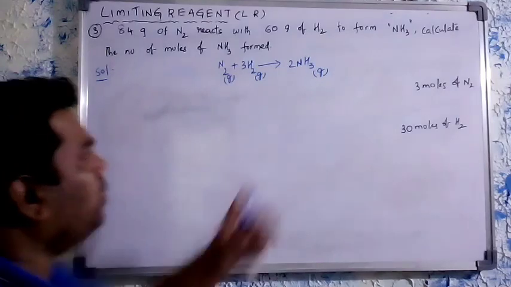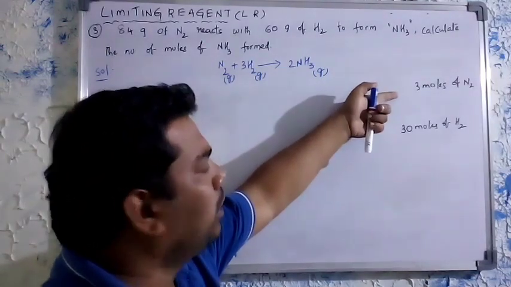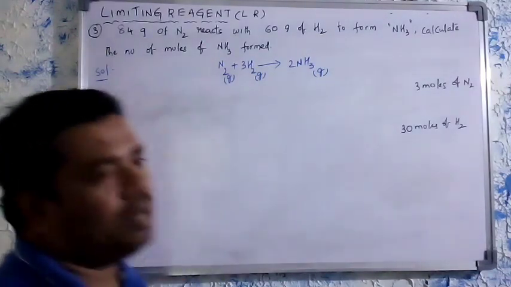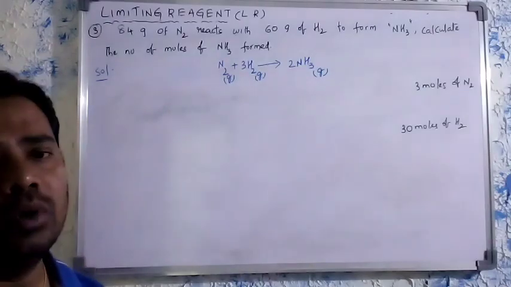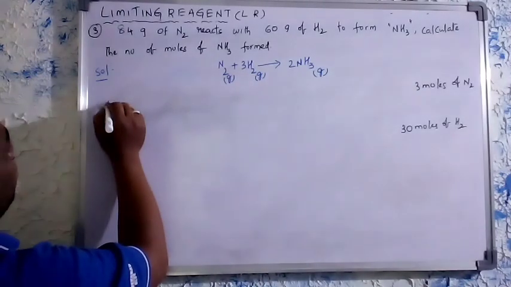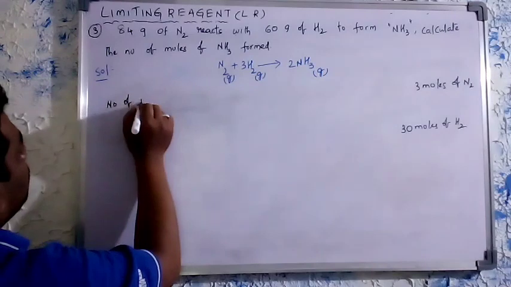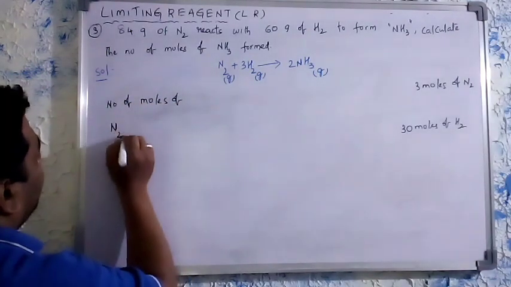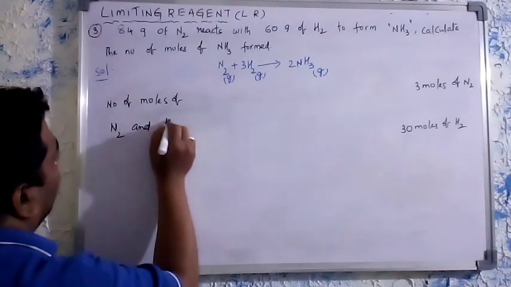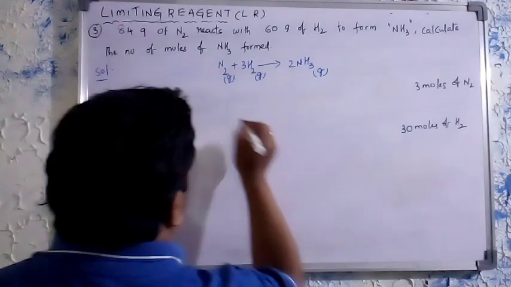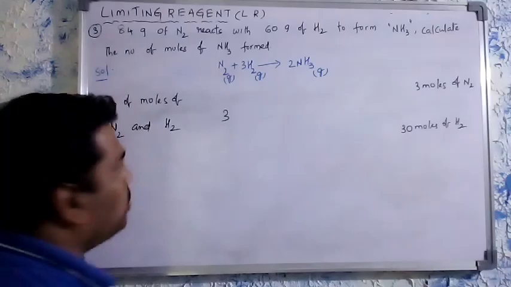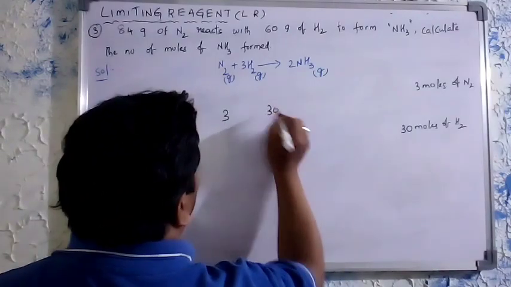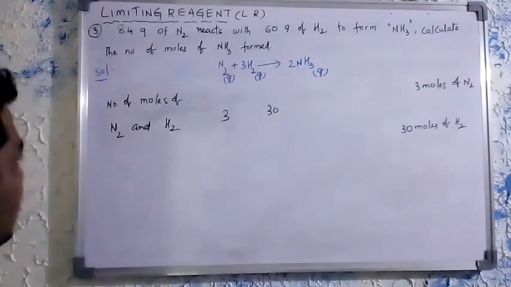So the number of moles in the question is 3 moles of N2 and 30 moles of hydrogen. First of all we will write the number of moles of N2 and hydrogen, that is 3 moles of nitrogen and 30 moles of hydrogen.